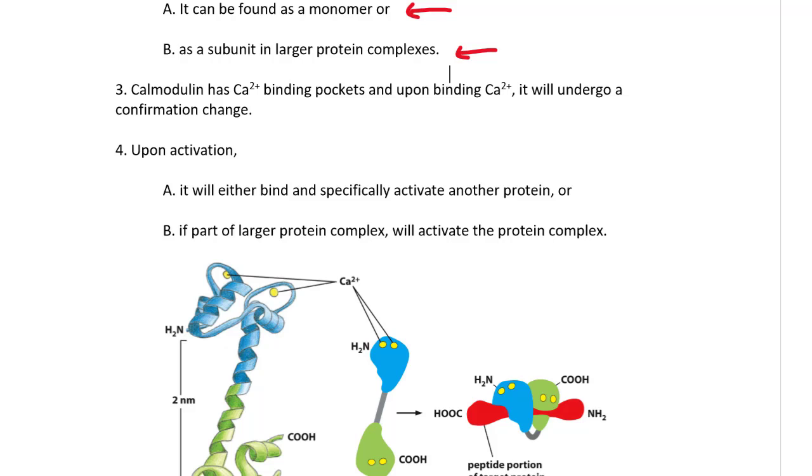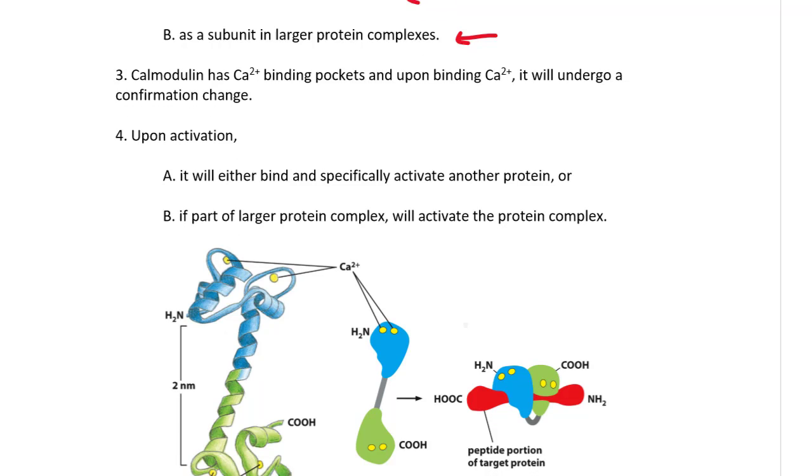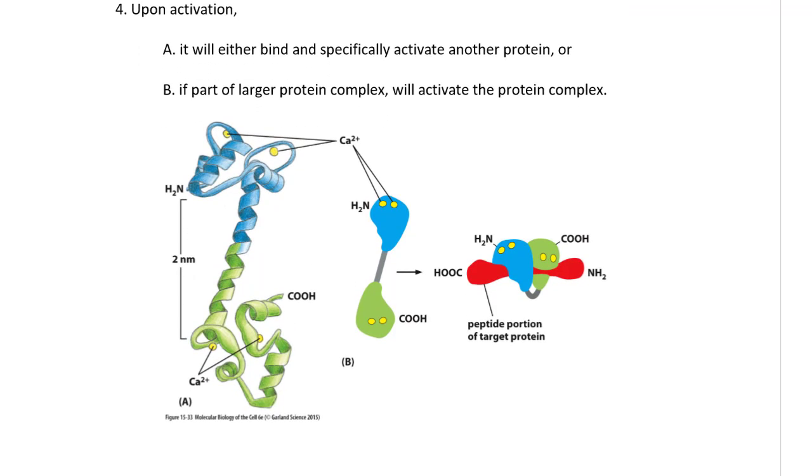Calmodulin has calcium binding pockets, and upon binding calcium, it will undergo a conformational change. It will change its tertiary structure. Upon activation, it will either bind and specifically activate another protein, or if part of a larger protein complex, will activate the protein complex.